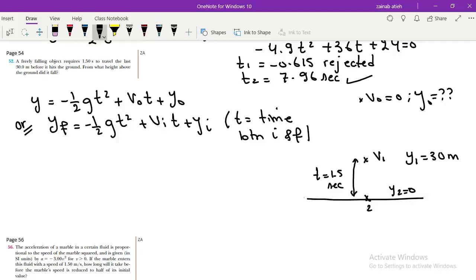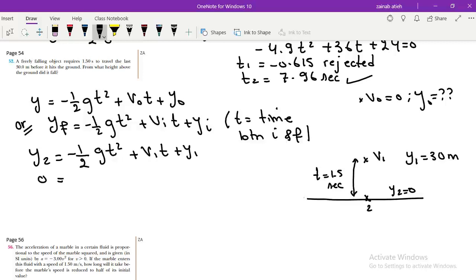So I can apply the same formulas to these two instances. Let me apply them between 1 and 2. I will get y2 equals minus half g t squared plus v1 t plus y1. I will get y2 is 0.